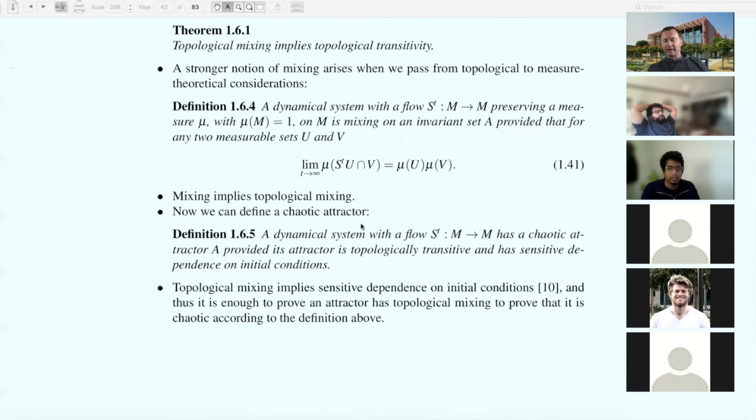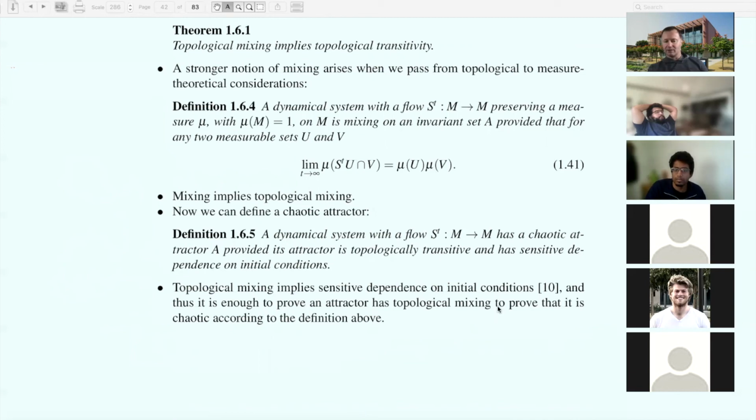And now you can define a chaotic attractor: a dynamical system with a flow S_t on state space M has a chaotic attractor A, provided the attractor is topologically transitive and has sensitive dependence on initial conditions. Why did I mention topological mixing? Because I want to take you to the Lorenz attractor. Topological mixing implies sensitive dependence on initial conditions.